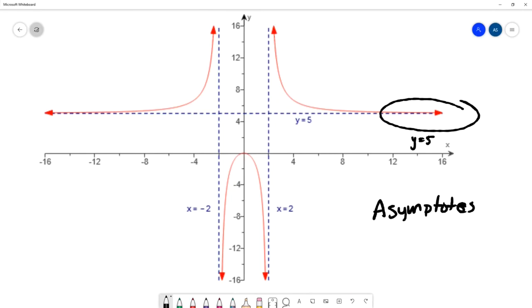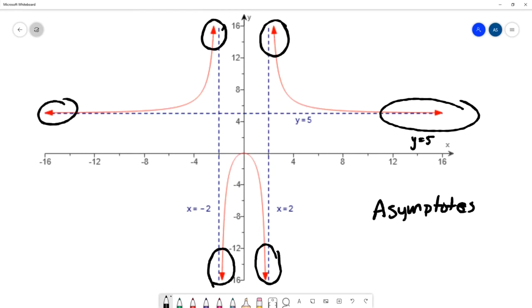So the graph is getting closer to the asymptote, and it never reaches it. It gets closer and closer and never reaches it. So on all of these sections, where we have the graph close to the dashed line, the graph is getting close to the asymptote but never reaching it. So that's going to be helpful for us in finding the domain.